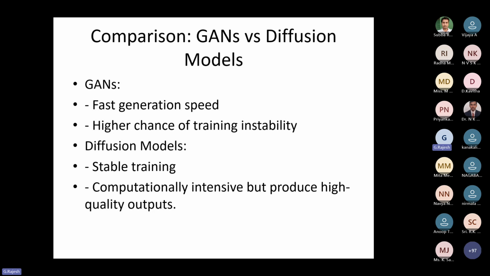Now, when we look at GANs and diffusion models, as I said in the previous slide, the diffusion model takes a good amount of logic and algorithms to make it better and better at how to denoise things and come up with a better product. With GANs, the generation of images is very quick, and because of the good algorithm we put in the diffusion model, the training is very stable.